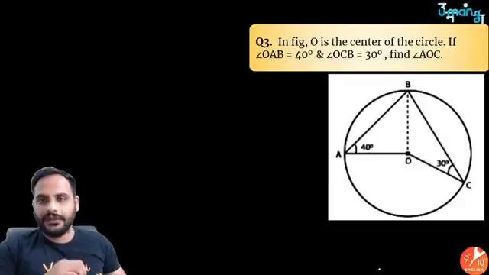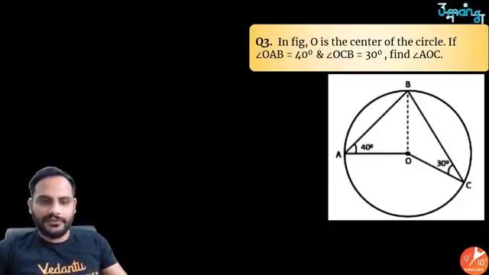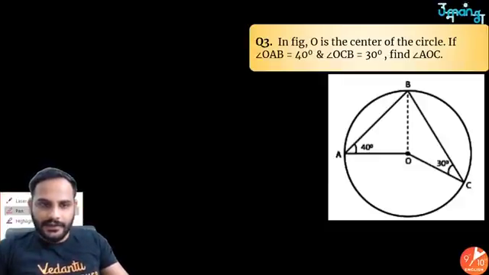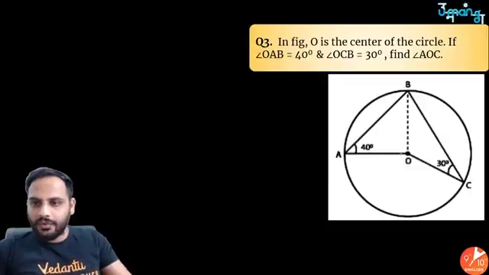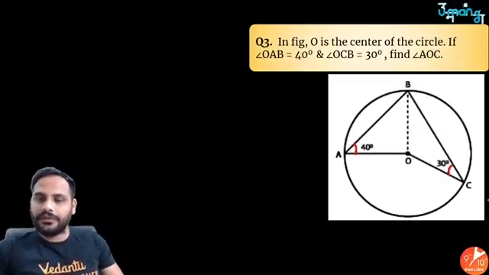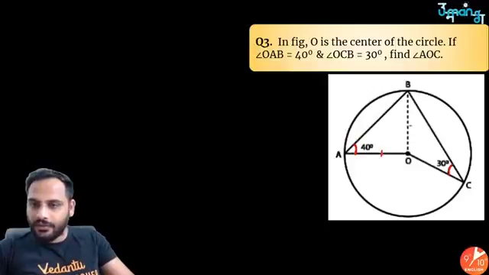Next question, see. In the figure, if O is the center of the circle and if angle OAB is given as 40 degrees, OCB is given as 30 degrees, they are saying find out angle AOC. Now look, I know AO, OB, OC all are equal to radius.